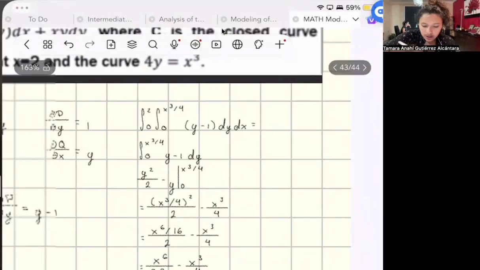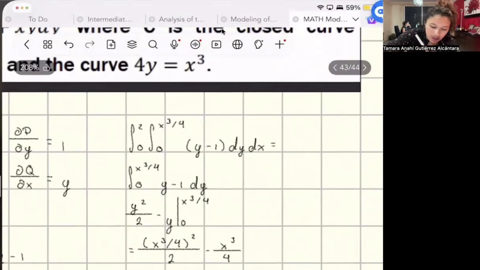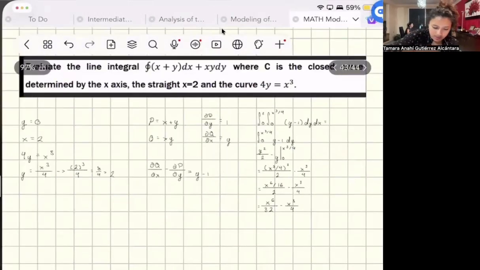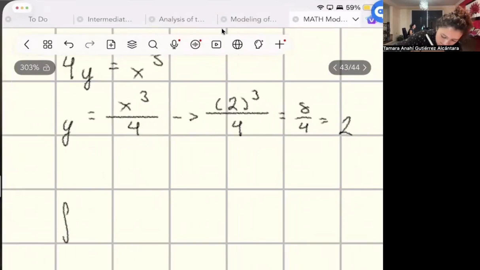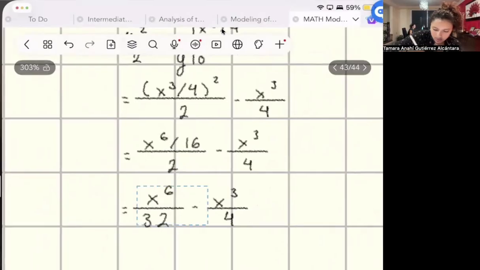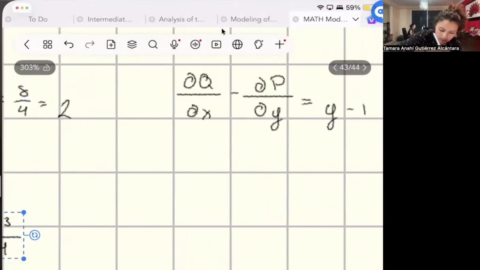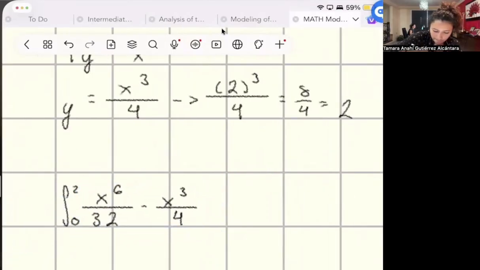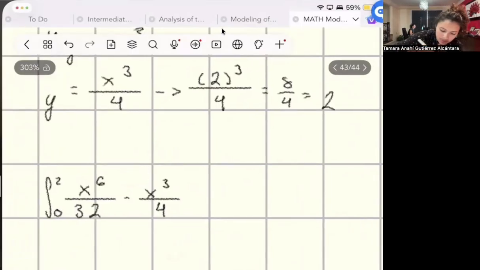And now we're gonna do the other integral, which is from 0 to 2 with respect to x. We're just gonna duplicate this one, we don't rewrite the whole thing, dx.